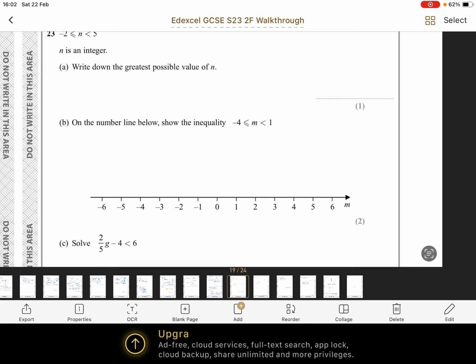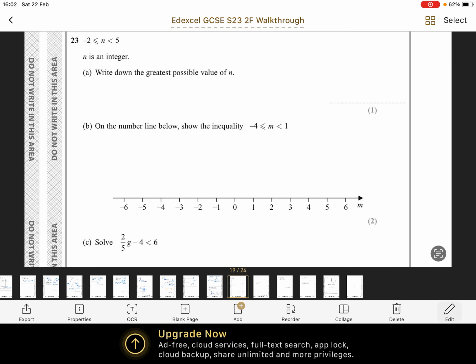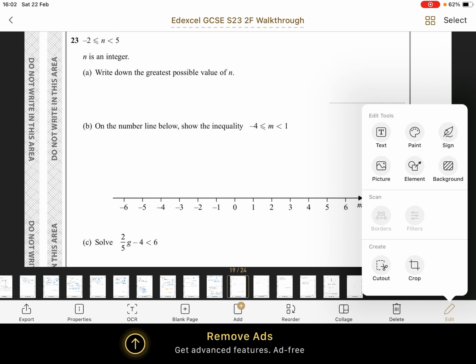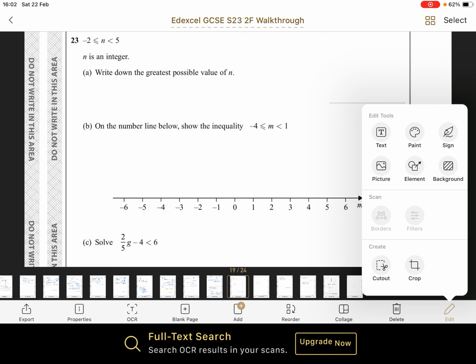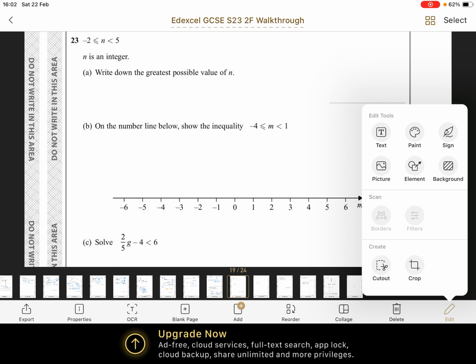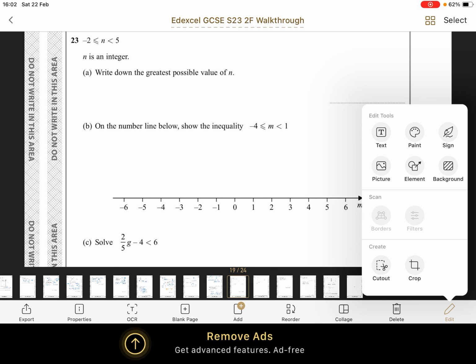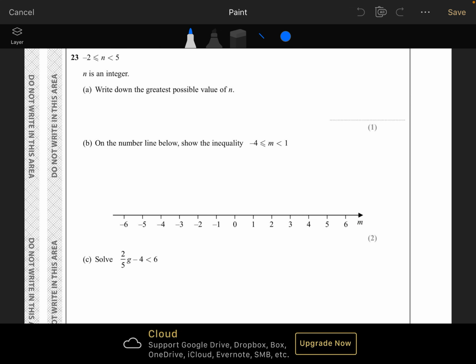Question 23. Okay, it says n is greater than or equal to -2 and less than 5. Write down the greatest possible value of n, and n, it says, has to be an integer. Now an integer is just a whole number.